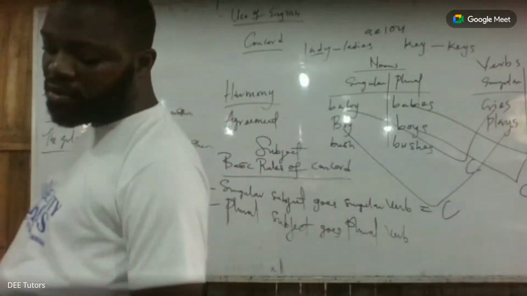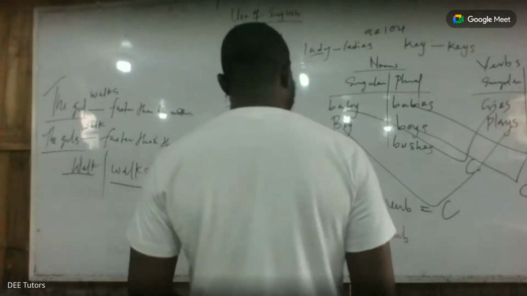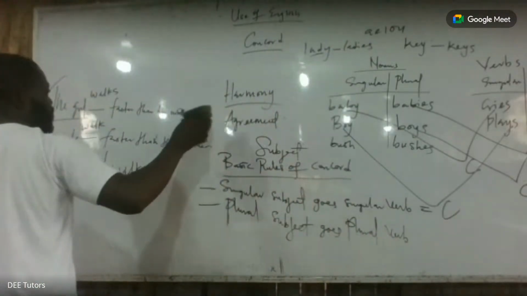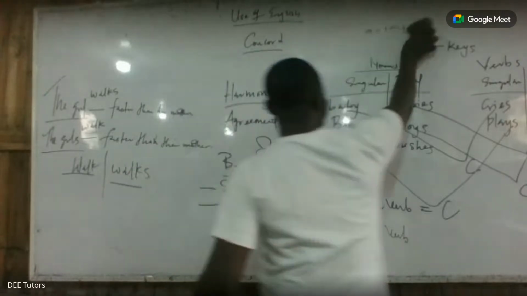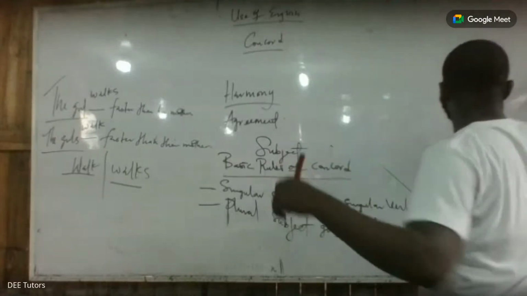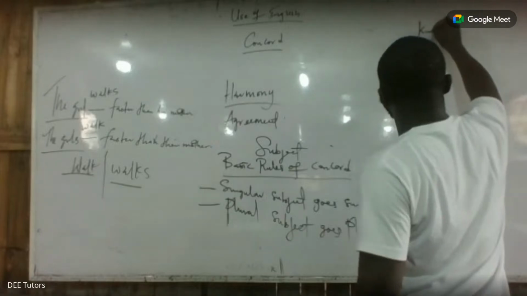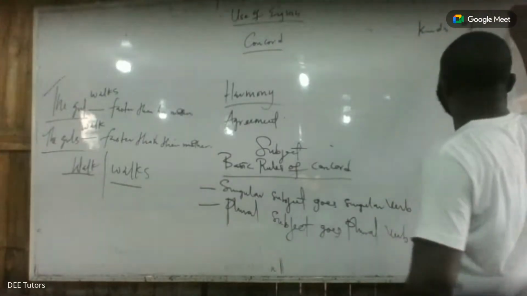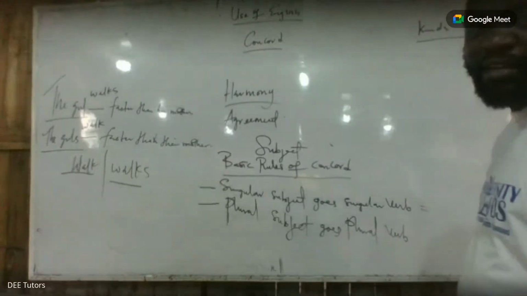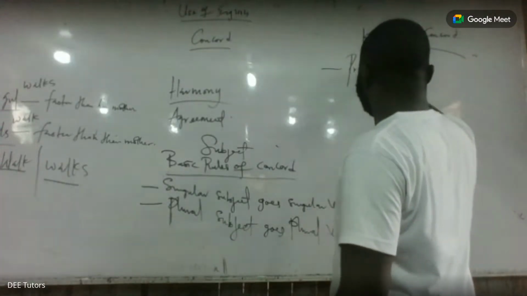Now let's go to the different kinds of Concord. Kinds of Concord. So the first kind of Concord we'll be discussing is proximity Concord.